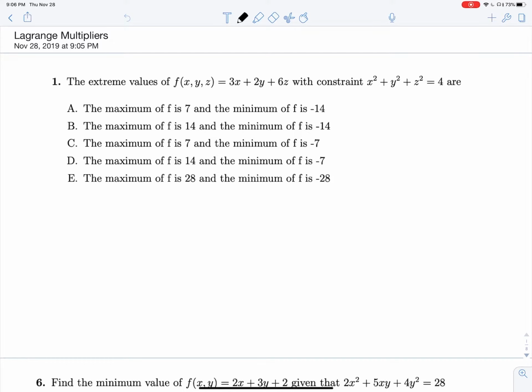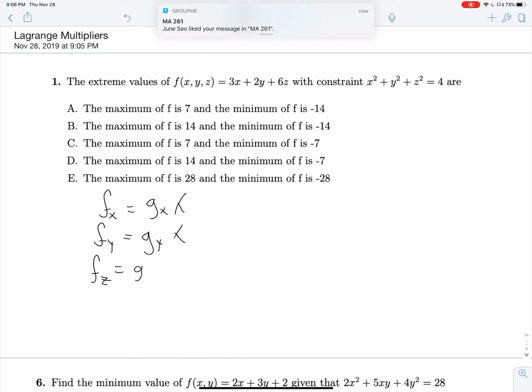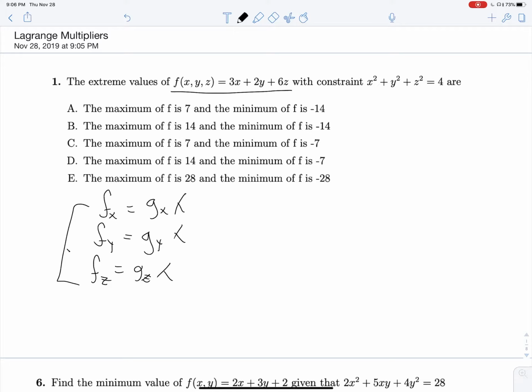We know that with Lagrange multipliers, we are going to need to find fx, fy, and sometimes fz, and we are setting those equal to gx lambda, gy lambda, and gz lambda, where these are our partial derivatives of our function f that we're trying to maximize or minimize, and gx, gy, and gz are the partial derivatives of our constraint function, which we call g.